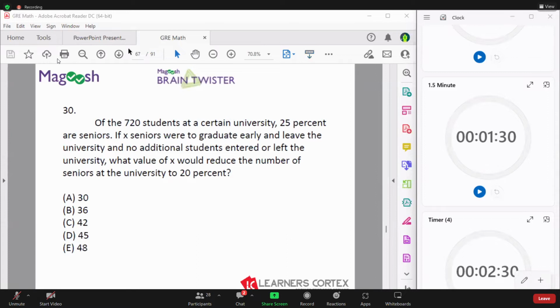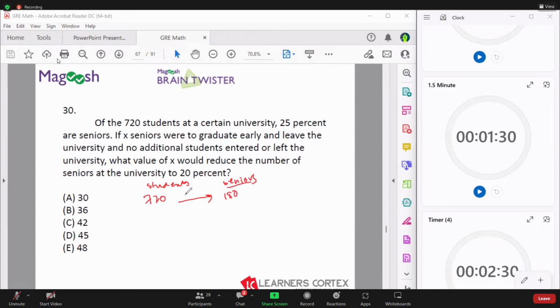Vishal, would you like to explain? Sure, sir. So total students in the university is 720, out of which 25% are seniors. So 25% of 720 is 180. And then if X seniors were to graduate early and no additional students entered, the percentage of seniors would drop to 20%.